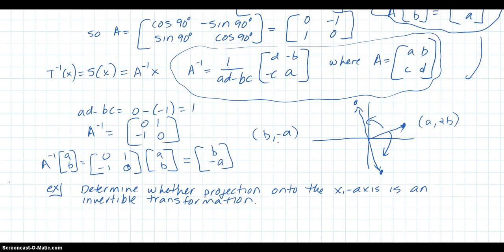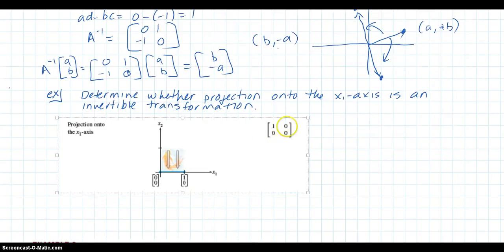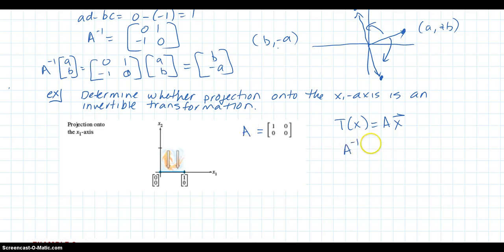Let's try another example. Let's determine whether the projection onto the x1 axis is an invertible transformation. Are all transformations invertible? Let's recall first what a projection onto the x1 axis was. If you remember, this is the standard matrix that did that projection, where A is going to be this matrix. If I look at the inverse, it does not exist.